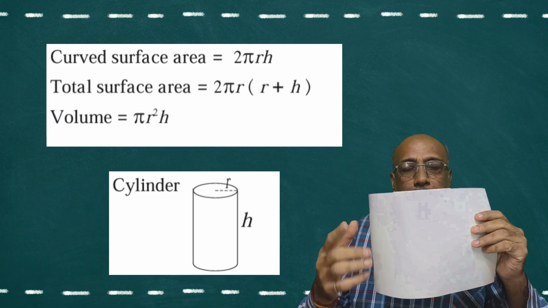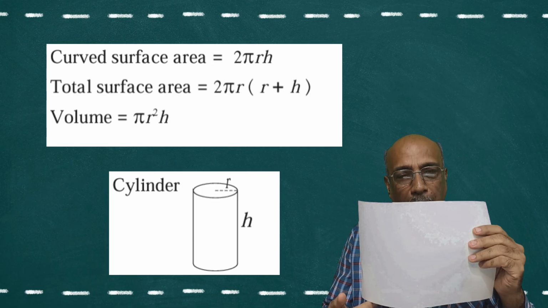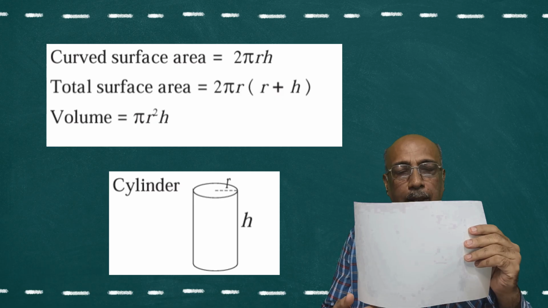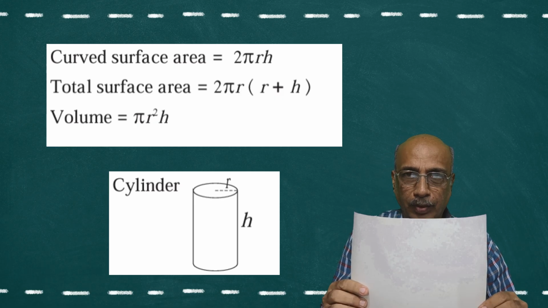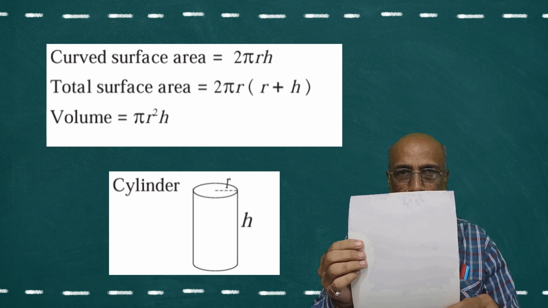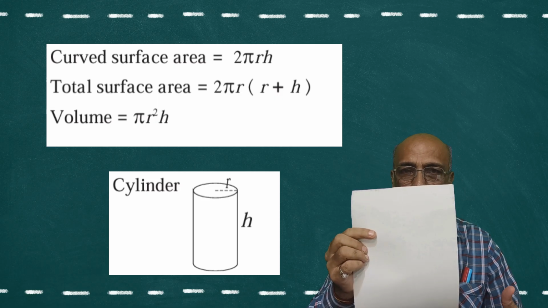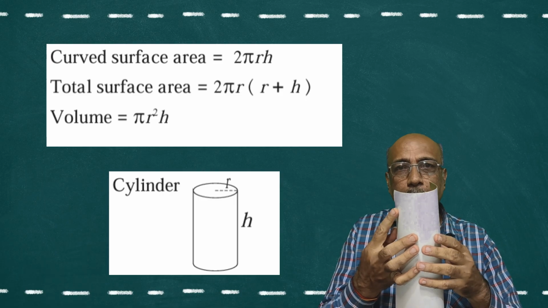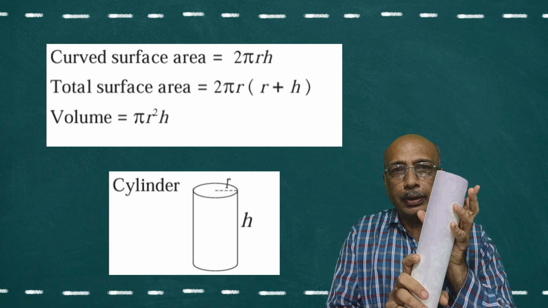Understood? Length will be converted into circumference, that is 2 pi r of the cylinder, circular region, and breadth will be converted into height. Now, if I turn this page here like this, rectangular sheet, this is breadth, this is length. If I fold this in a circular way, what will happen?